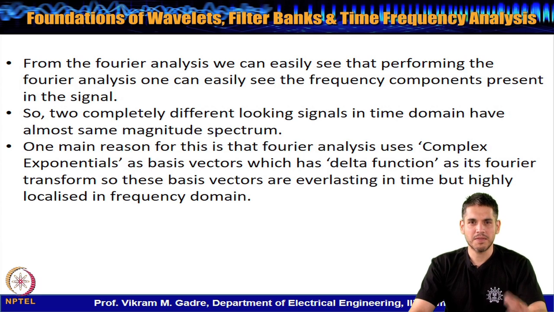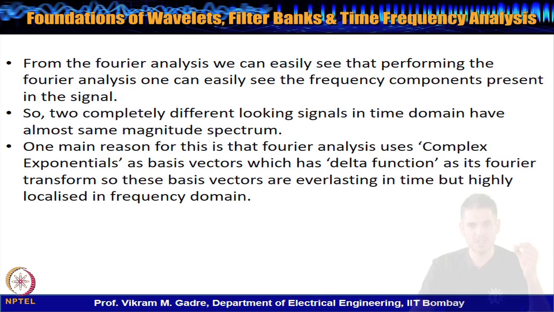This means that the frequency localization of sine and cosine waves is better as compared to their time localization. And this is primarily the reason why the Fourier analysis tells you the precise frequency components but is not able to bring to light the precise occurrence of these frequency components.